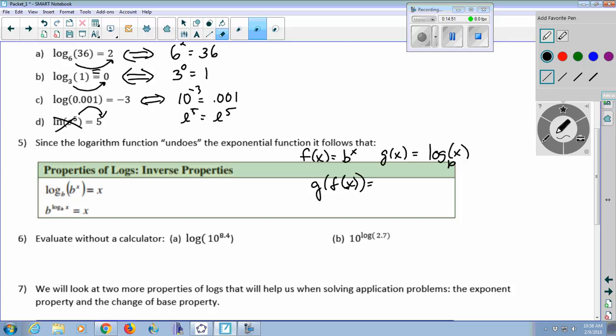Because this says b to what power is b to the x? What power has to be the x? You just lift off the exponent. These two undo each other, just like adding and subtracting. So that's where your exponential function is the input into your log function.